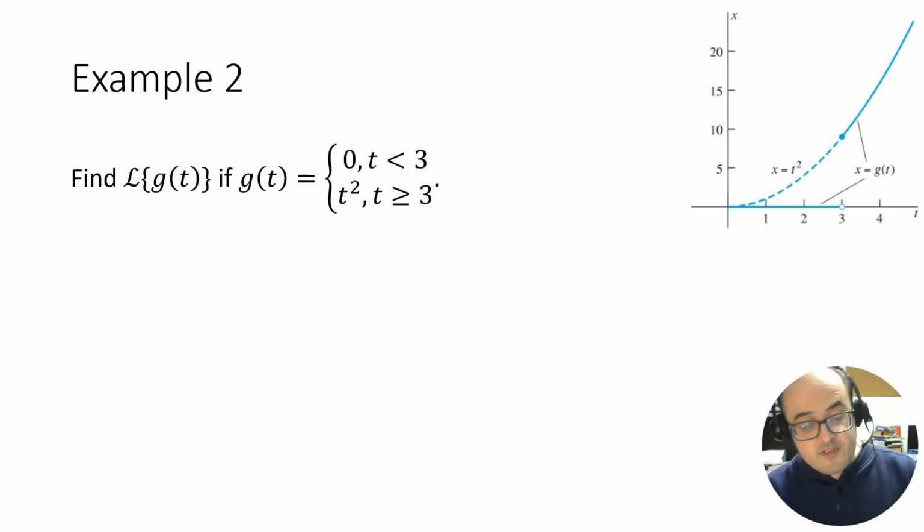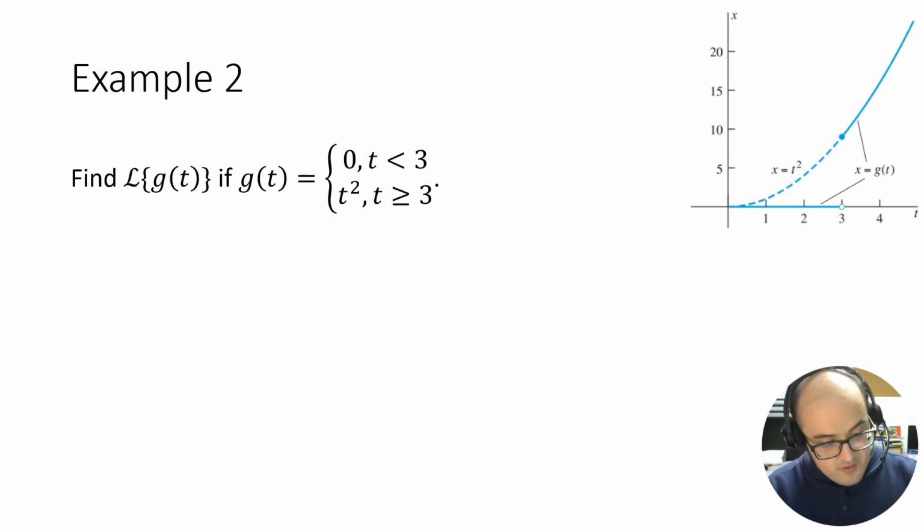For example number 2, we want to find the Laplace transform of g of t, if g of t is 0 when t is less than 3 and t squared when t is greater than or equal to 3. We can see that here, where we have our function g of t given by the solid curves on this graph.